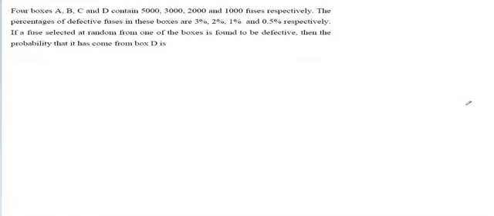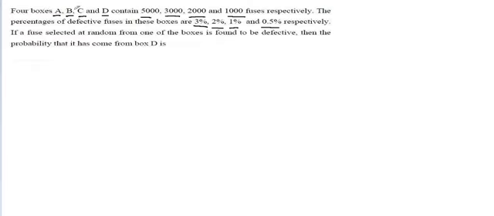4 boxes are given: capital A box, capital B, capital C and capital D, containing 5000, 3000, 2000 and 1000 fuses respectively. The percentages of defective fuses in the boxes are 3%, 2%, 1% and 0.5% respectively.